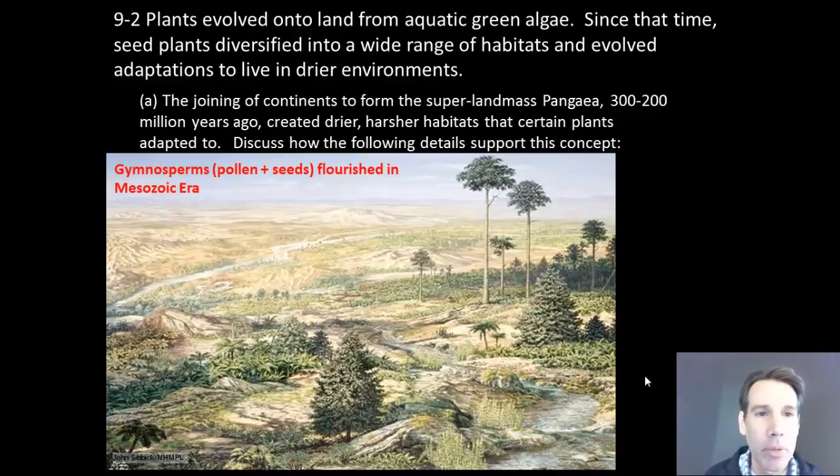So keep in mind that gymnosperms evolve pollen, which doesn't require water for fertilization. So it's sort of a more dry habitat type of environment in which pollen can get dispersed, for example, by the wind, and that could lead to fertilization to grow a new plant. So the pollen, a type of sperm, is not reliant anymore on a moist environment for fertilization.